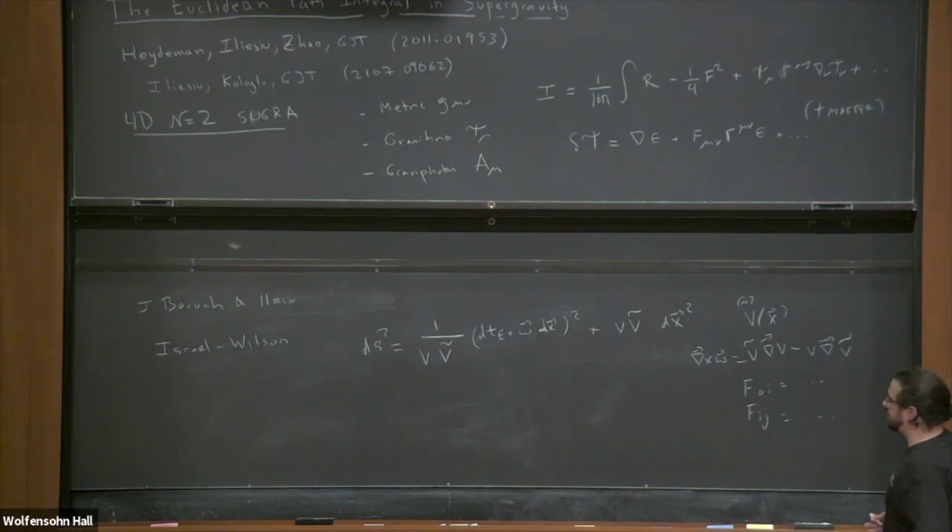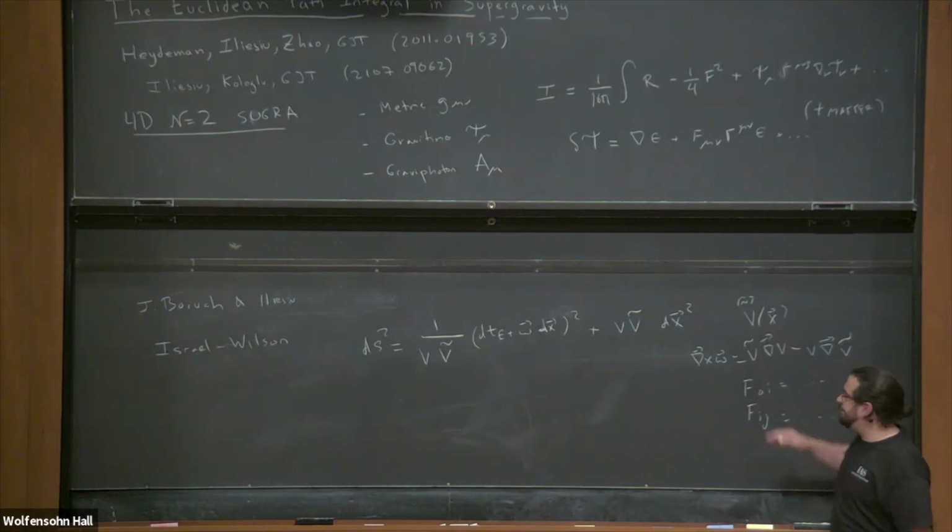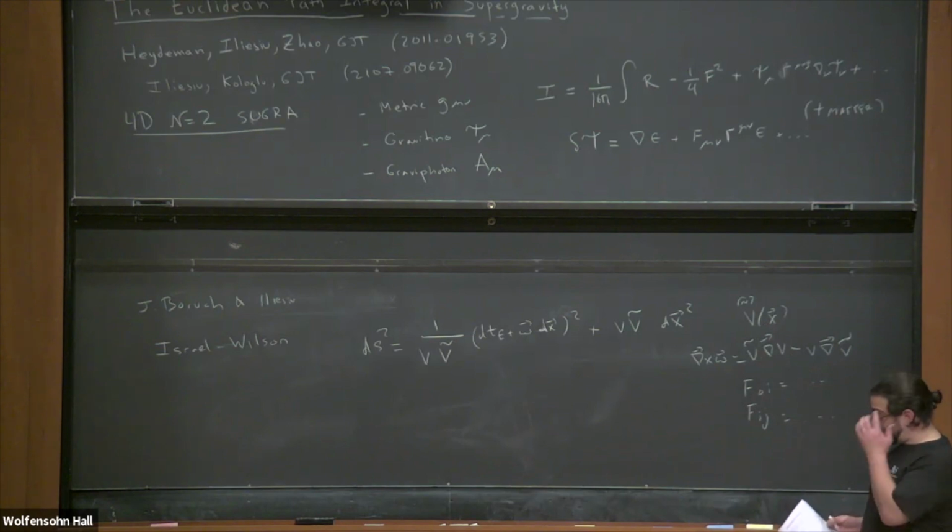So this is a solution of Maxwell-Einstein for any function B of x whose nabla squared is 0.